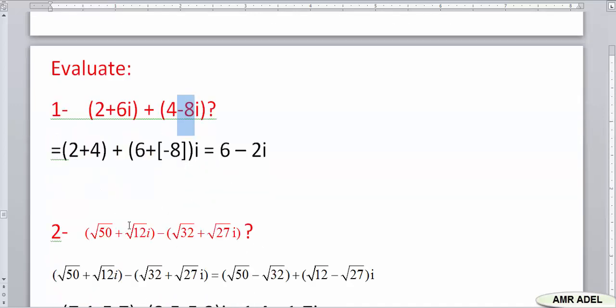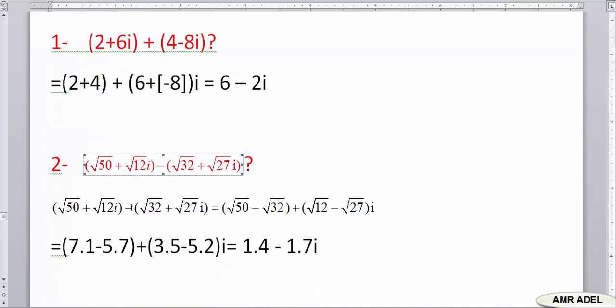If we'd like to make a subtraction like this, at first we take the real part, which is root of 50, and subtract the real part, which is root of 32.